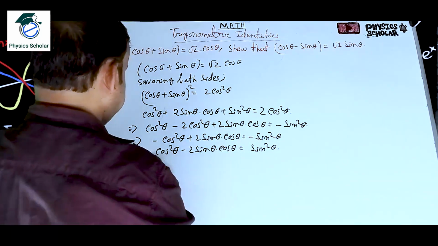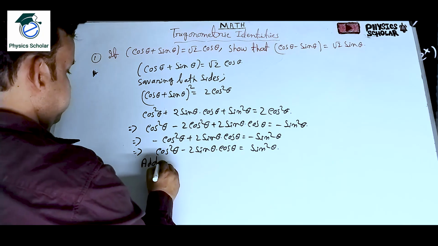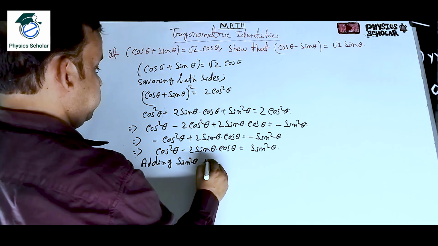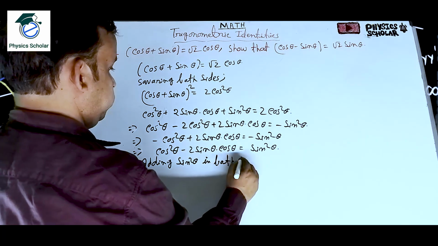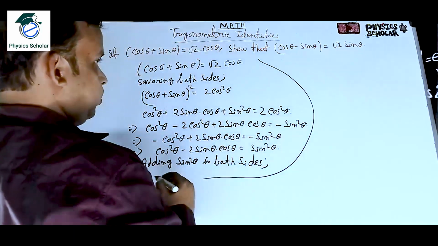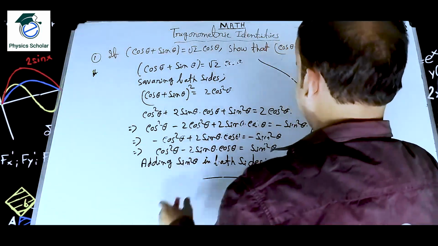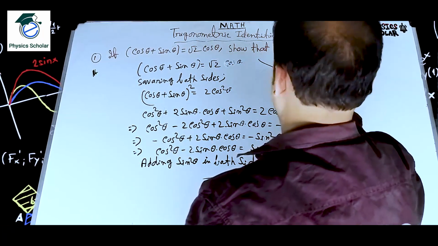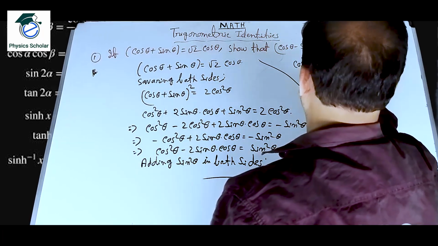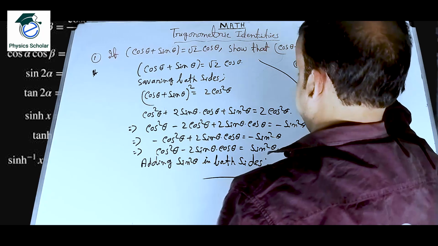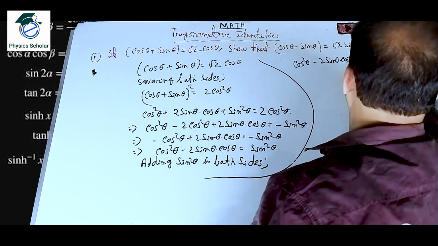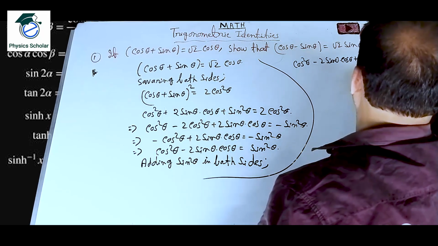Now adding sin square theta on both sides. Cos square theta minus 2 sin theta cos theta plus sin square theta is equal to sin square theta plus sin square theta.